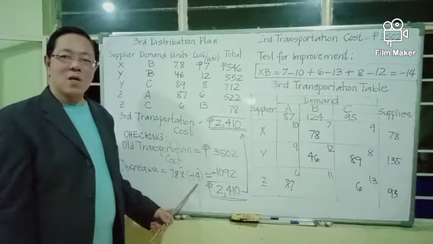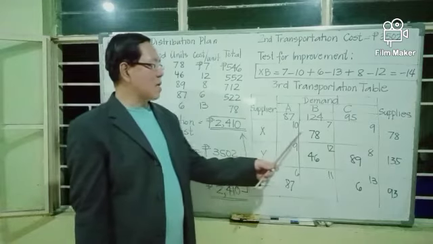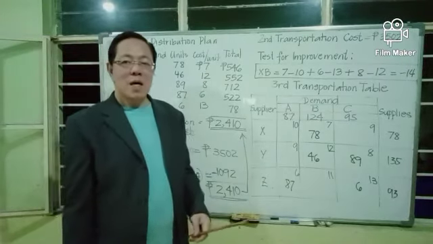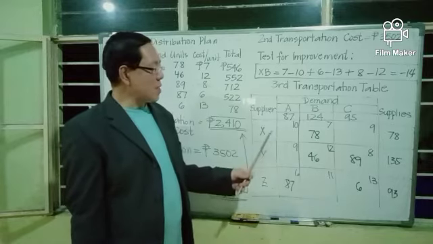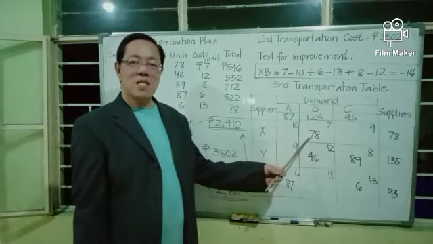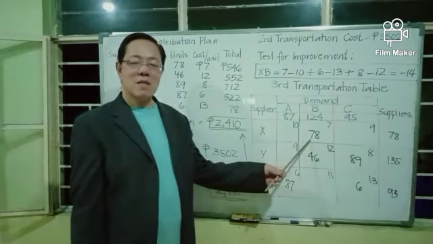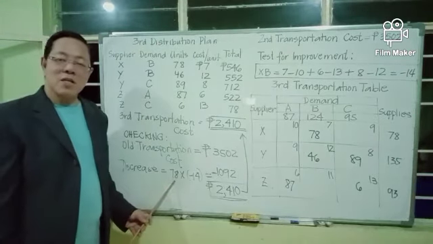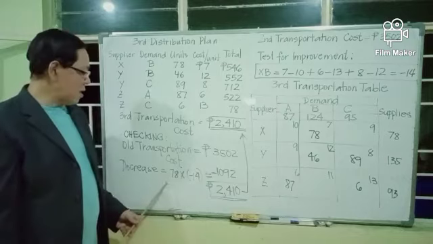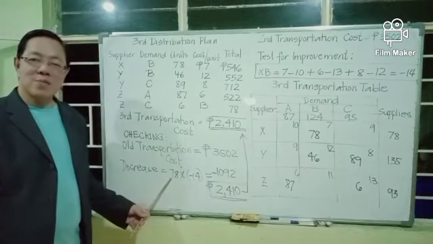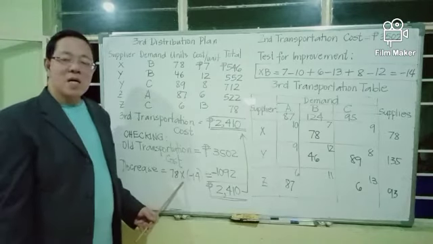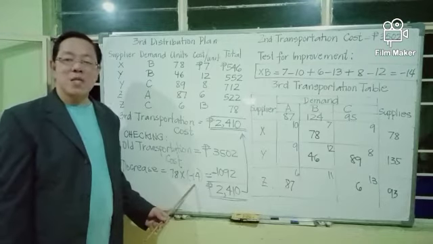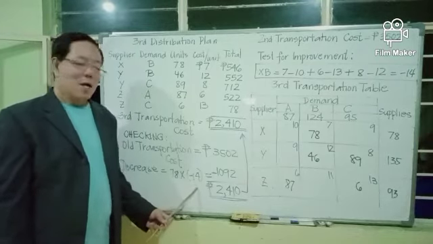This is the net cell cost of the vacant cell XB from the second transportation table. And the number of units we transferred to the vacant cell XB is 78. Thus, the total decrease in the transportation cost is the number of units transferred, 78, multiplied by the decrease in total transportation cost per unit of 14 pesos.